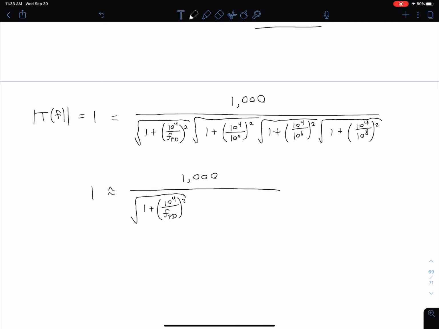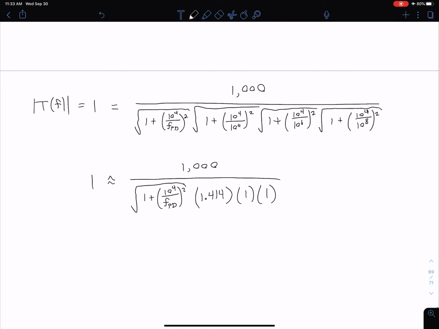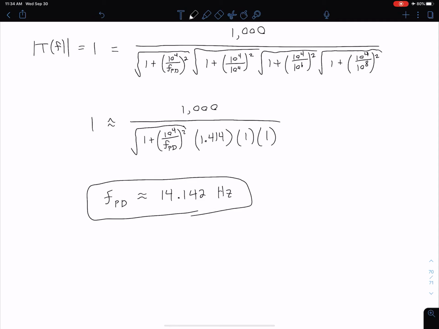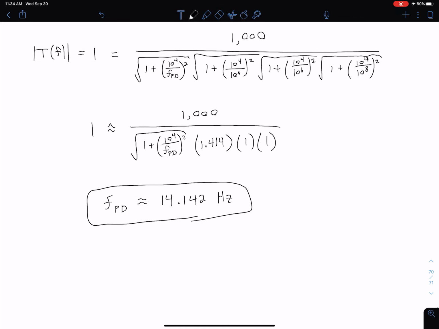From our second term, we have 1.414, and for each of our other two poles, we just have 1. So we can solve that for f PD: one equation, one unknown, and we get that our f PD is approximately 14.142 hertz. Depending on how much control we have over that, we might just say 14 hertz is the closest we can get.